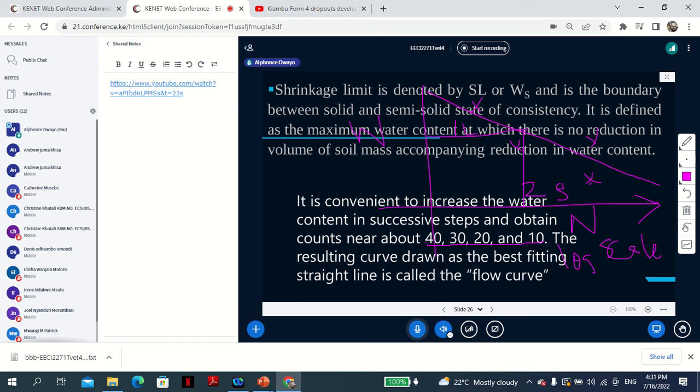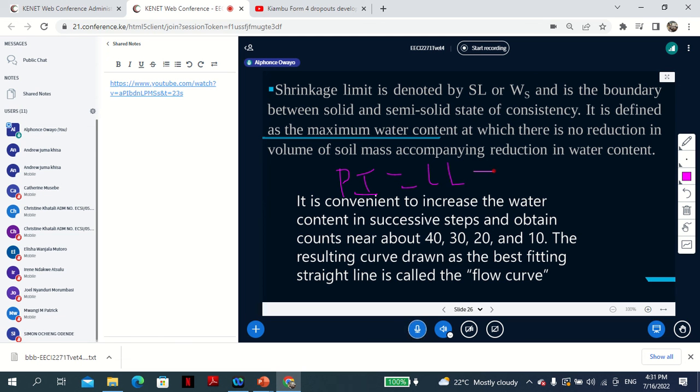Remember when we were talking about clay, why it's problematic? The plasticity index is the liquid limit minus the plastic limit. This is the liquid limit already determined from Casagrande or from the cone penetrometer. Now the plastic limit has to be done together with this.